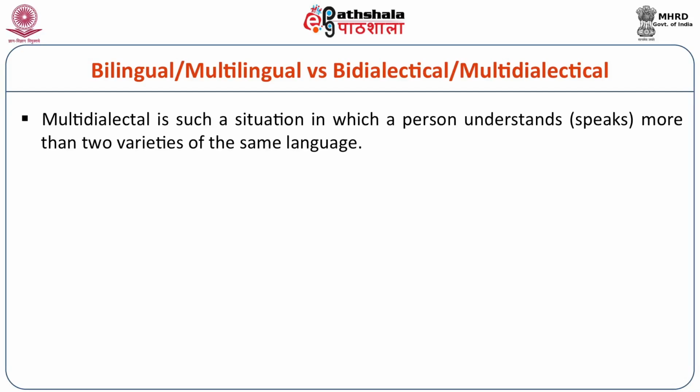Multidialectal is such a situation in which a person can speak more than two varieties of the same language. What do I mean by varieties of the same language? If you take English, for instance, you have American English with different accents, you have British English with different accents, and now you have Indian English with altogether different accents.